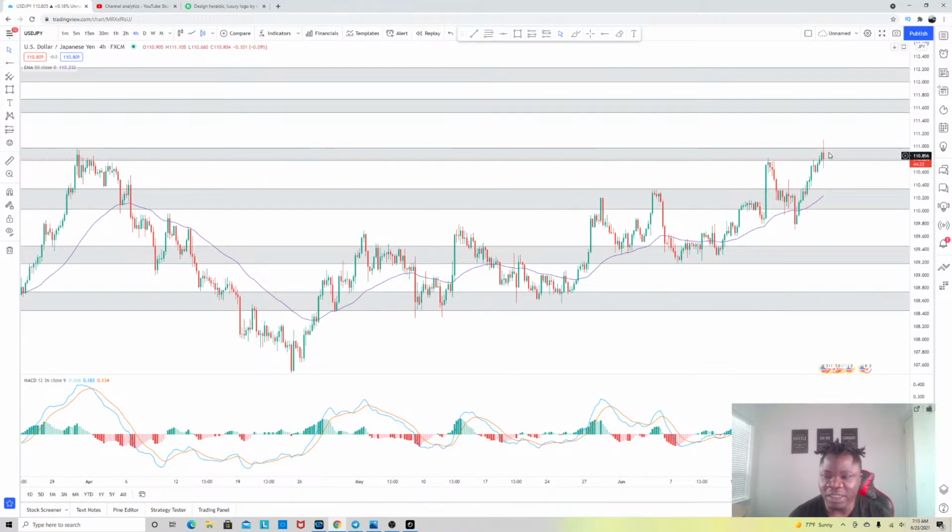You can see we had a resistance zone over here, so we just had a rejection. Price couldn't break above resistance, so we might potentially see price coming down, or price continue going bullish. But we'll see how this trade goes.